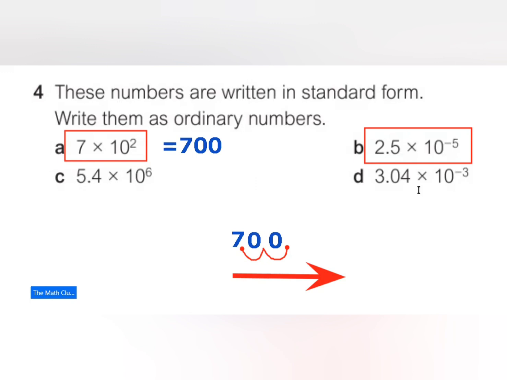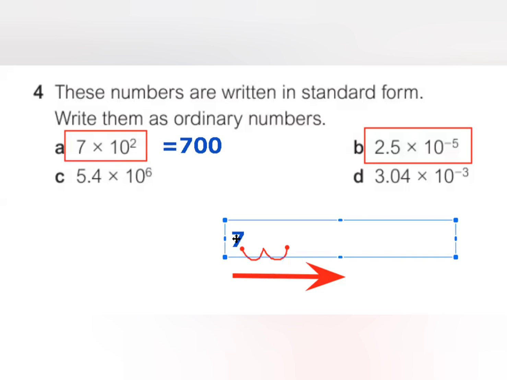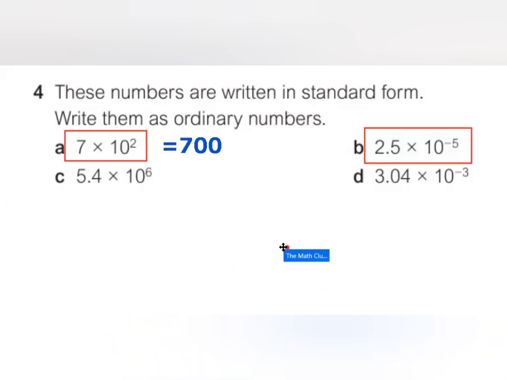Okay. Now let's do question B with the negative power. We're going to follow the same steps, but this time because the power is negative, I'm going to go to the other side. First, let's write the number, which is 2.5. So we have 2.5 times 10 power of negative 5.